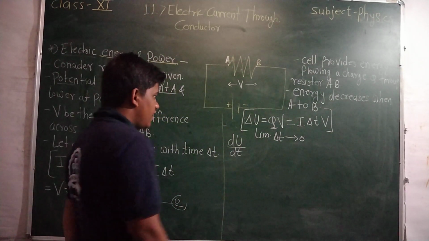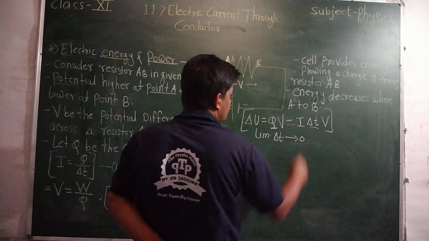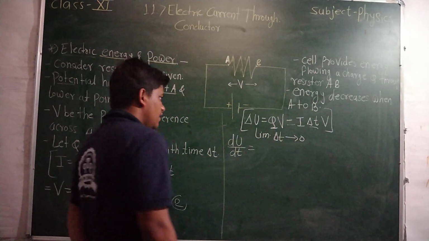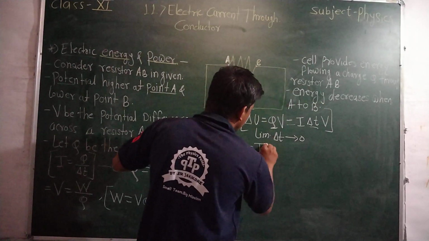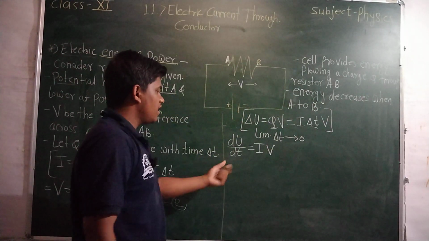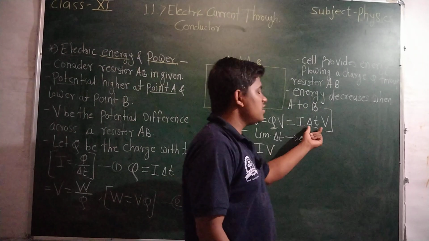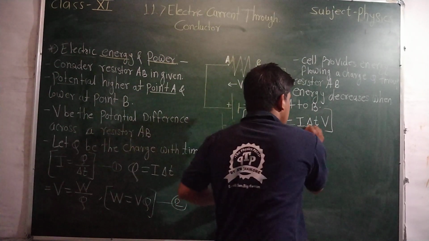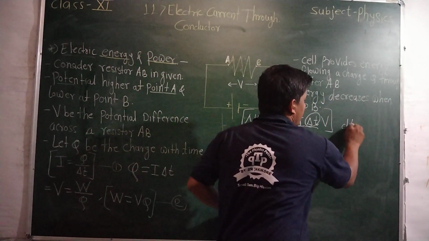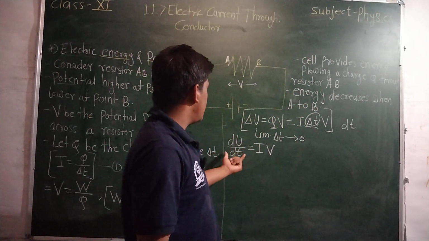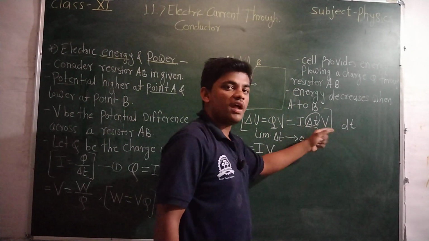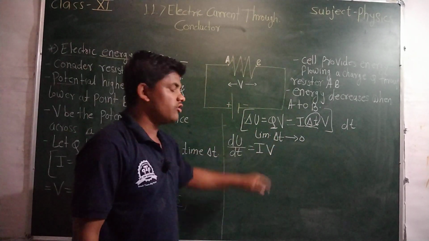Then using delta T as the denominator, we can cancel it, and we get I into V. Here we took dU by dt, the smallest change, and dt divided by dt on the right-hand and left-hand sides, and we get these equations.